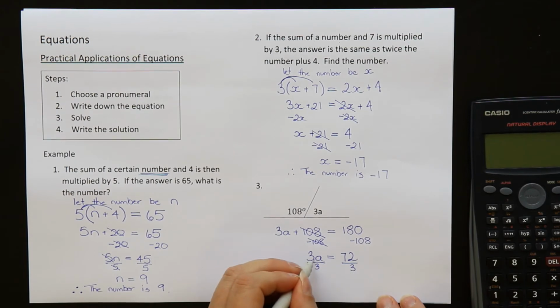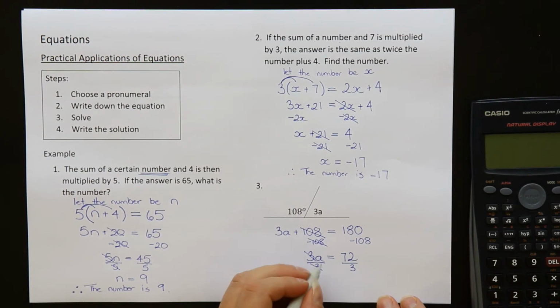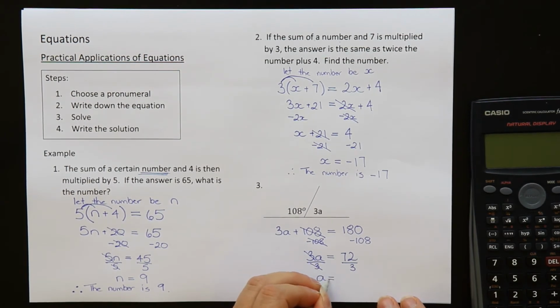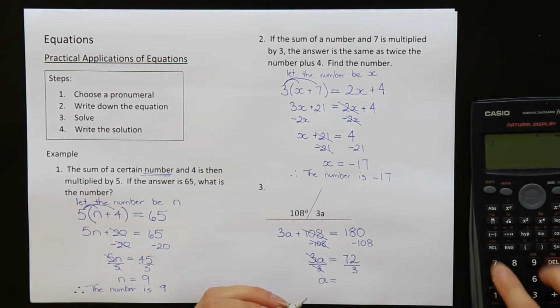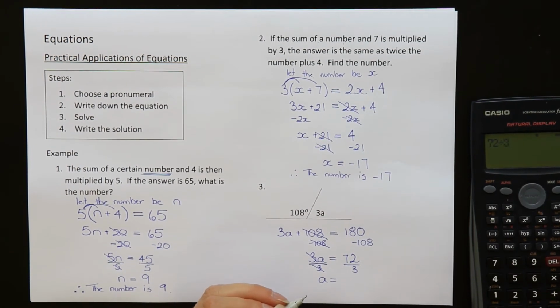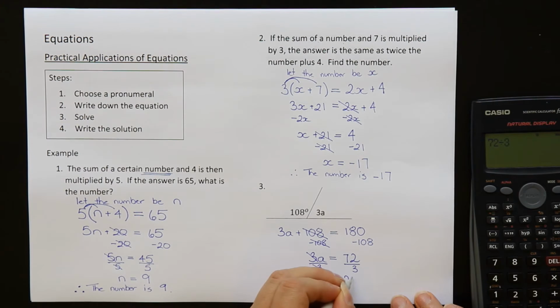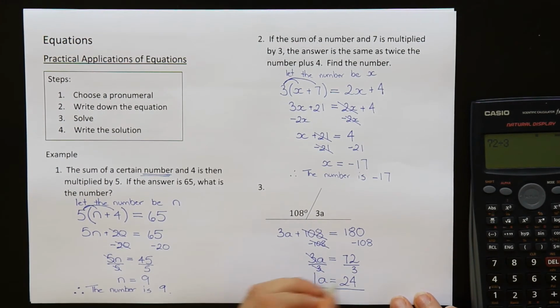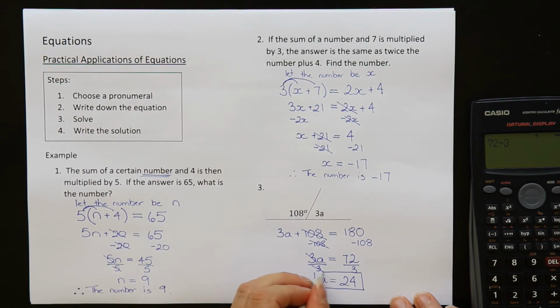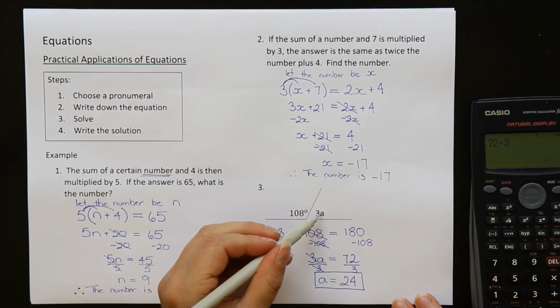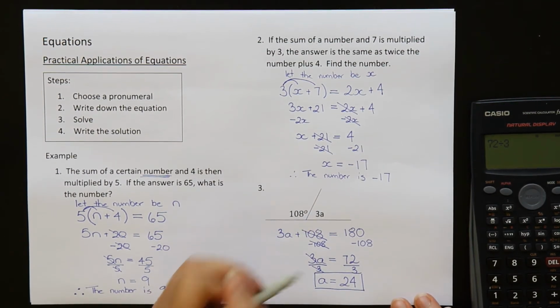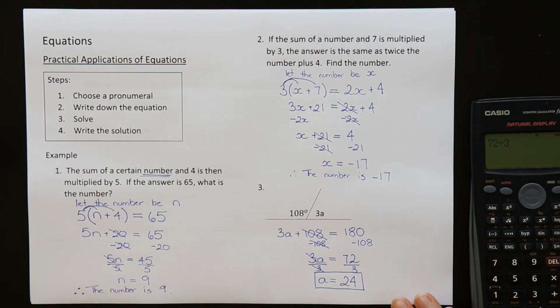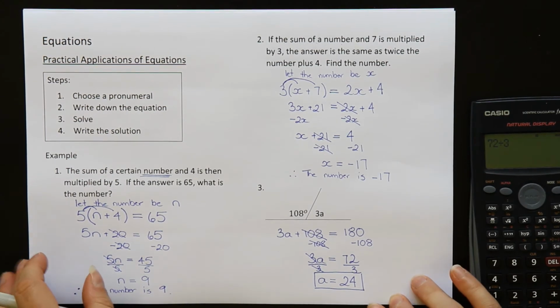Divide that by 3. Okay, a is by itself, and 72 divided by 3 is 24. So a is equal to 24. Now I don't really need to write a sentence for my answer here because a was something that I was given in the question, so it's okay to leave my answer with a as well.